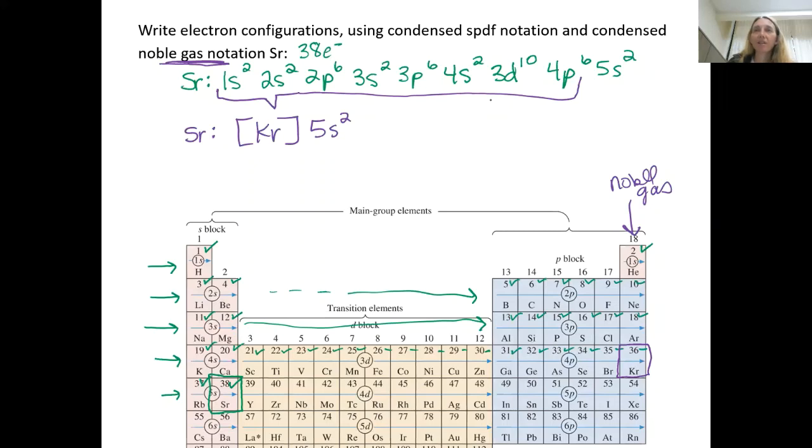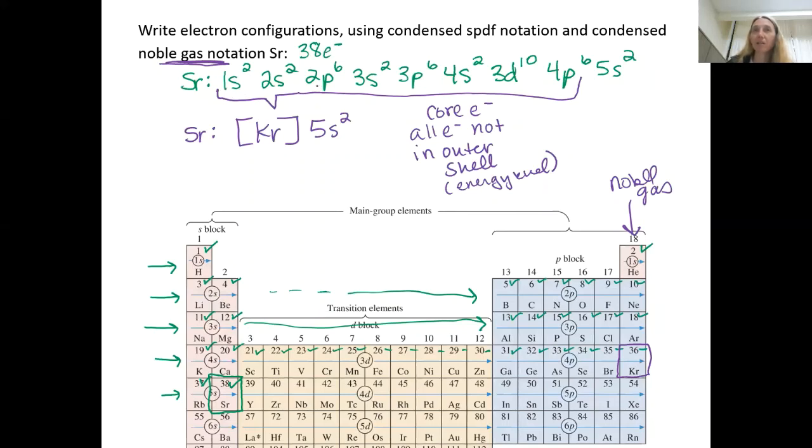So when I look at this, all of these electrons are what's called core electrons. These core electrons are on the inside of the atom. They're all of the electrons that aren't in the outer shell, okay? And the shell is those energy levels. So 1s is closest to the nucleus.